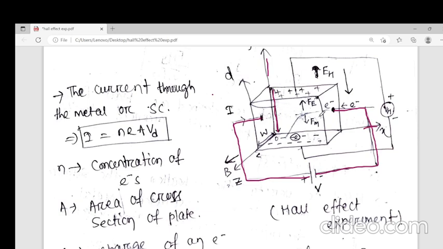So what happened in this figure, as you can see, as current is given along x cap, the electrons are moving in minus x cap.